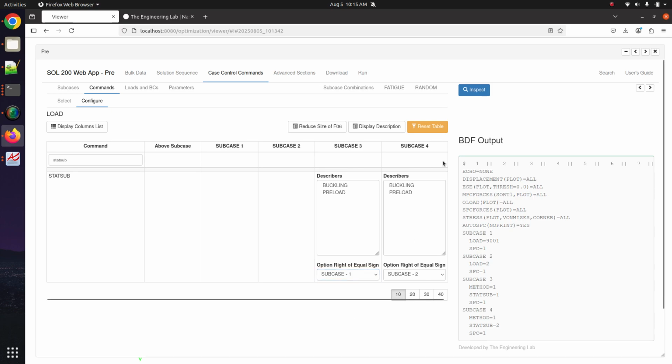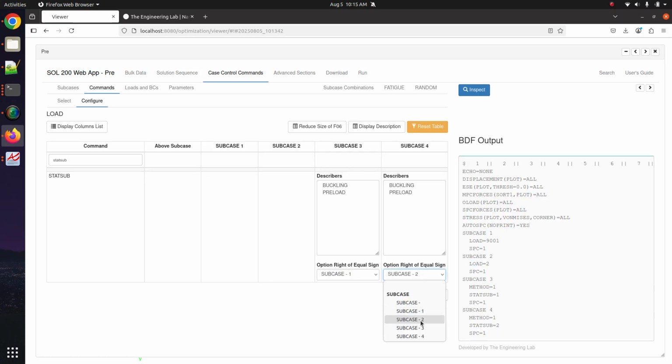For the fourth subcase, we said perform the buckling analysis by using the results from subcase 2. So that was a very critical step that I forgot at the beginning of the video. I had some weird results, but then I went back, added the STATSUB commands, and then we were able to actually look at the buckling shapes, if you will.